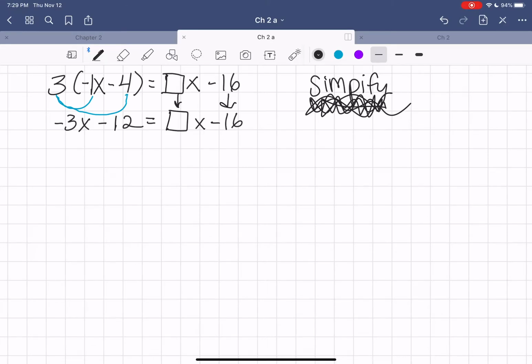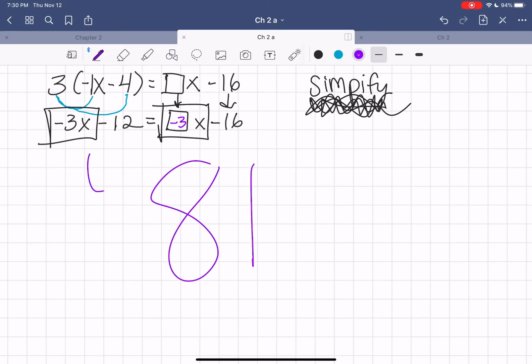Everything comes down. Now that I've distributed, I have a simplified form, with just the one variable on this side and the one variable on that side, and I do my normal stuff. It's negative 3x. So negative 3, and I hit submit, and I get to 81.